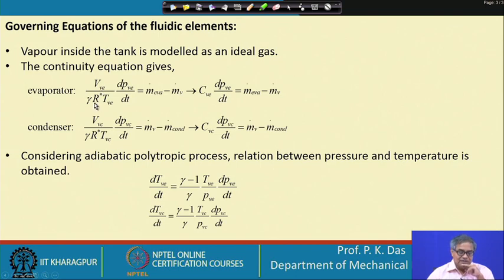And this quantity is equal to our m dot evaporator minus m dot vapor, which is going out. That means, let us go to the previous slide.